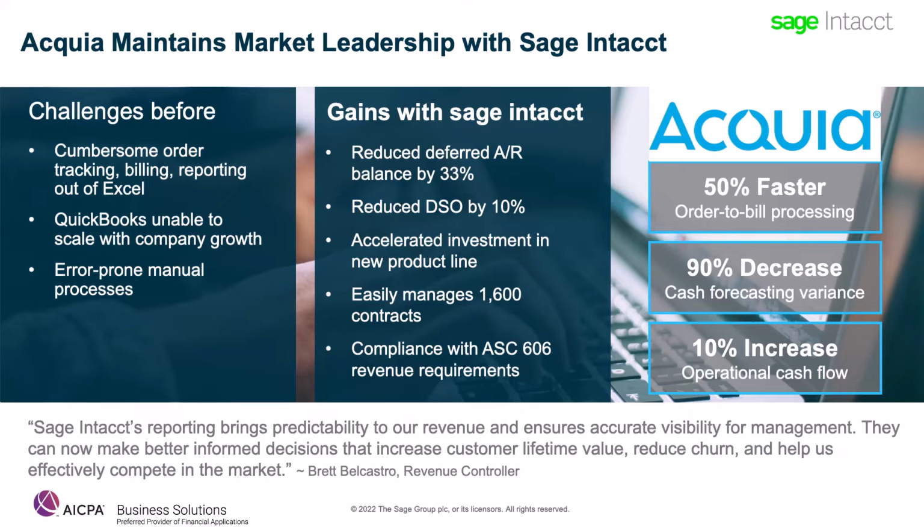Let's take the example of Acquia, an open-source digital experience company that formerly used QuickBooks. Sage Intacct serves as Acquia's single source of financial truth and automates forecasts for billing, cash, and revenue, enabling the business to better manage its 1,600 contracts. Acquia leverages Sage Intacct's dimensional reporting to slice and dice revenue and expense data by product, region, customer, contract, employee, and other dimensions.